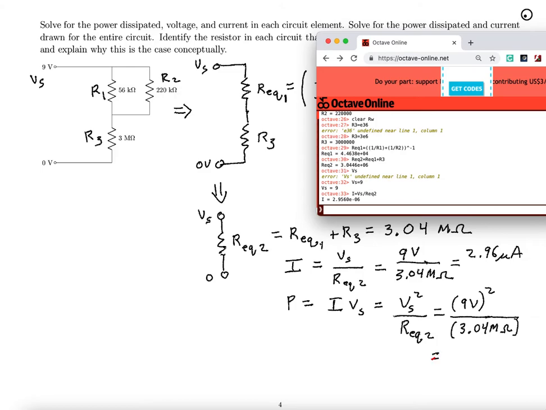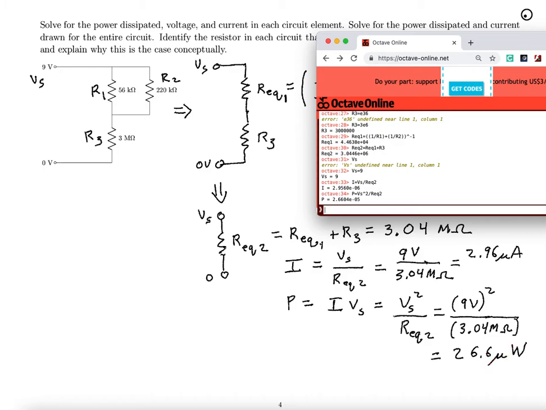And the power is Vs squared over R equivalent 2, so that's 26.6 microwatts.